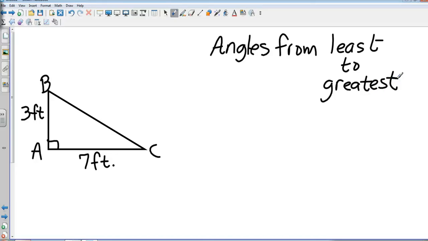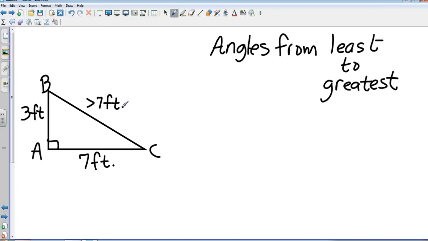To do that, we need to know what the sides are. All right. This is a right triangle, so I know that BC is the hypotenuse. I know that it's the longest side. Okay, so I don't know the actual value, but I know that BC is greater than 7 feet. So it's the longest side. So here's the rule. The biggest angle is opposite or diagonal from the biggest side.